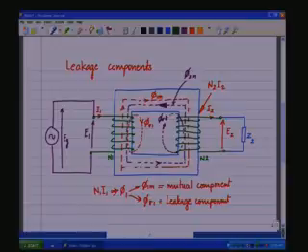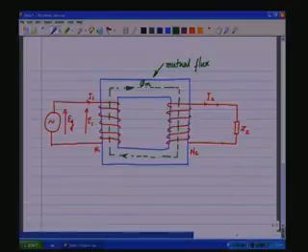And in the primary we saw that N1 I1 is producing flux phi 1, which has two components, phi 1m and phi sigma 1. Phi 1m is the mutual component, phi sigma 1 is the leakage component. There is a leakage component here of the flux phi sigma 1.